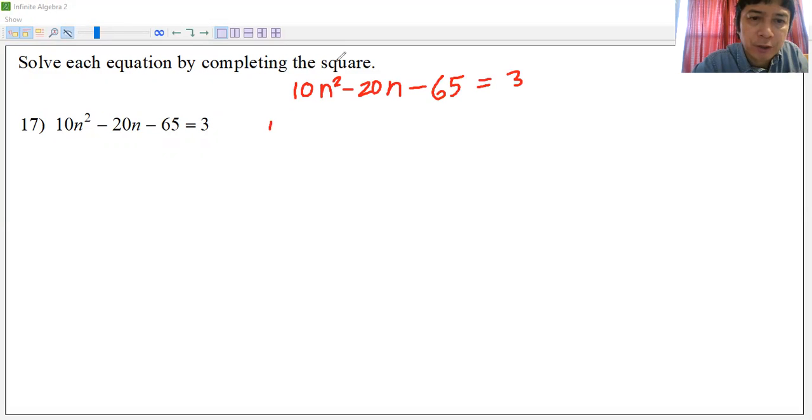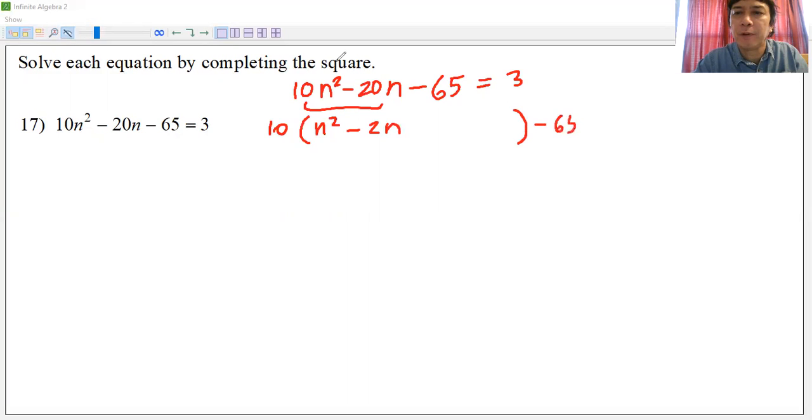We will start here: in the first two terms, we factor out the 10, and then we have n squared, and factoring 10 from 20, we still have negative 2n there. You can always verify: 10n squared, negative 20n. Then you put a space there followed by minus 65 equals 3.